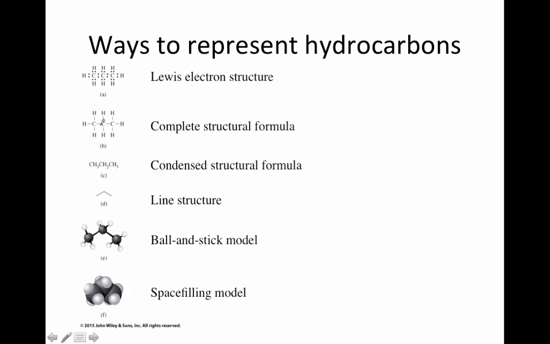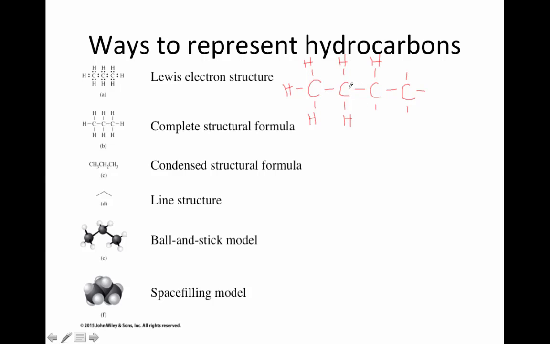So when we look at this complete structural formula and turn it into a condensed formula, I'll just quickly demonstrate how that happens. In this particular situation, I have a 4 carbon chain. This happens to be called butane, and each carbon, you can see, is surrounded by 4 single covalent bonds.